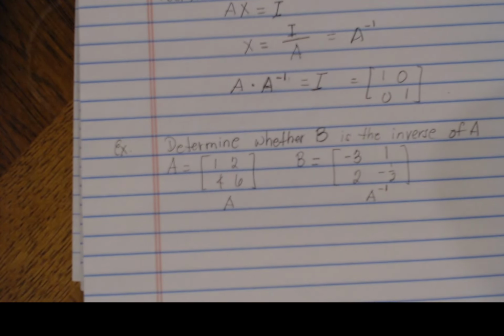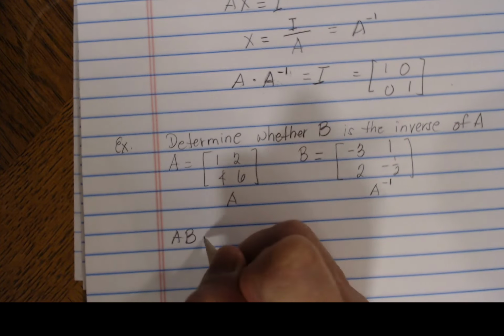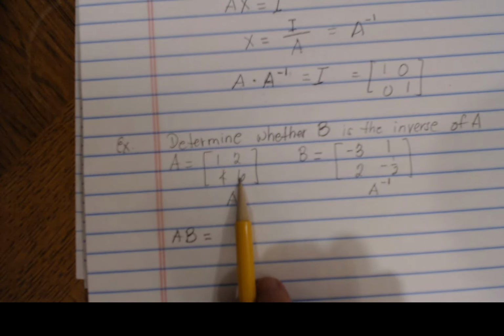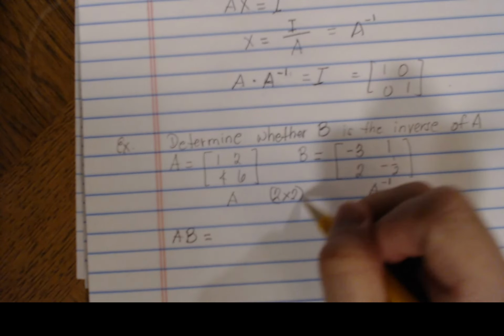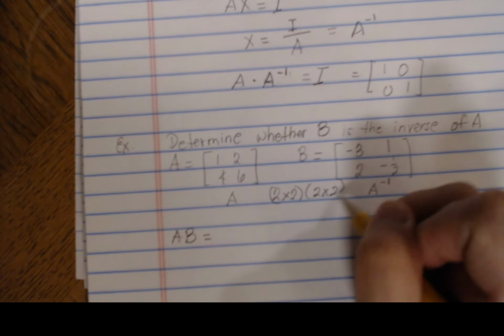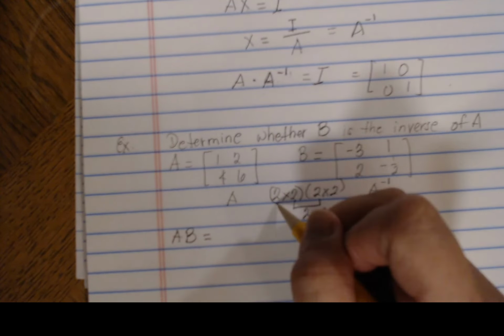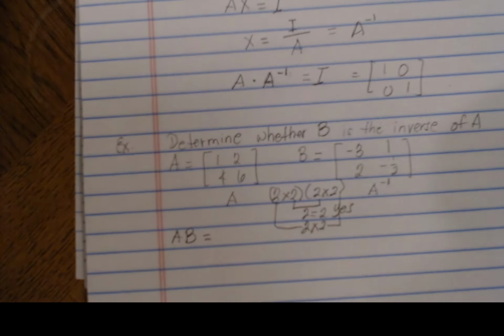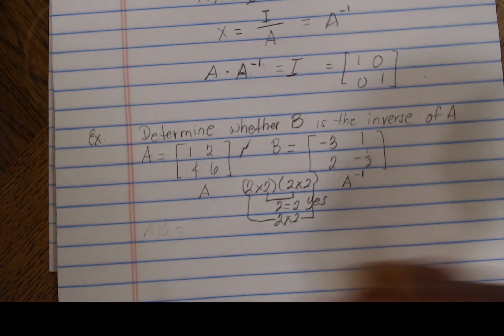We will multiply matrix A times matrix B. Well, can we multiply? Let's check. 2 by 2, 2 by 2. Two equals 2, so yes. And the product, of course, is a 2 by 2. So meaning we can multiply it, and be sure we're getting a 2 by 2 matrix.